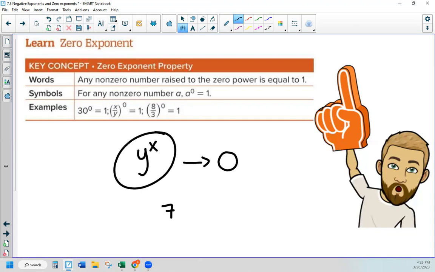So even if you wanted to put the number 7 trillion, even though you can't put that in your calculator, 7 trillion to the power of 0, or negative 4.23 to the power of 0, all of that will become 1. It will just become 1. That is the simple property of the power of 0.